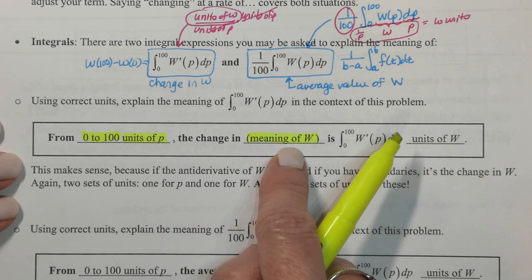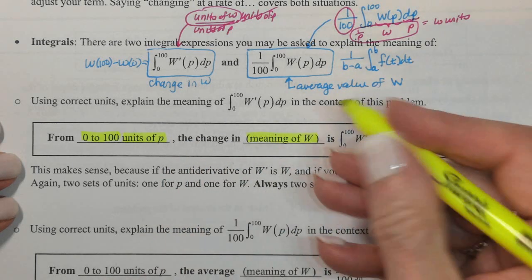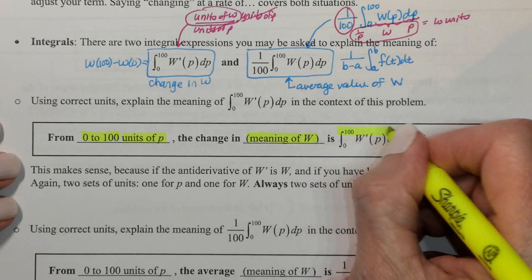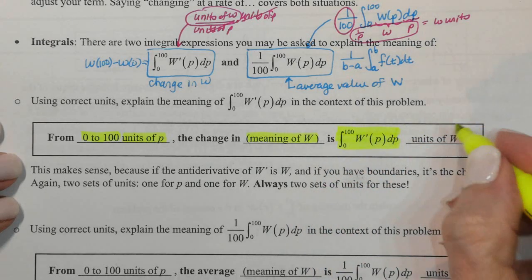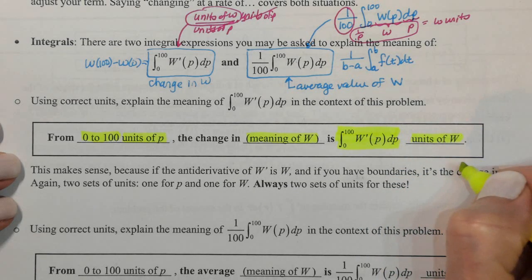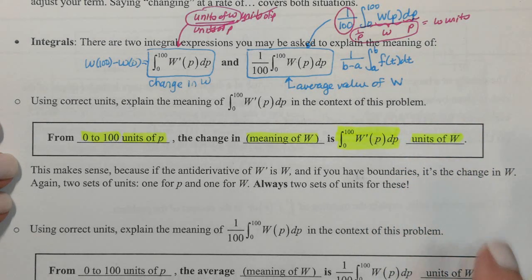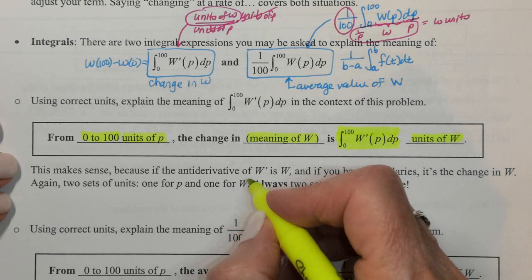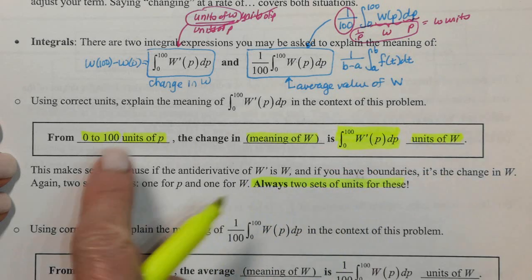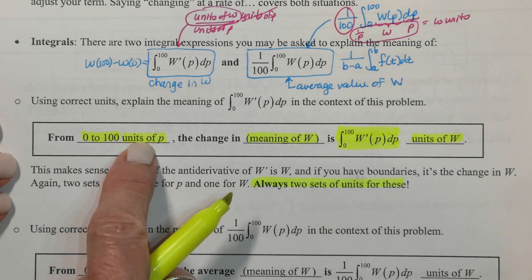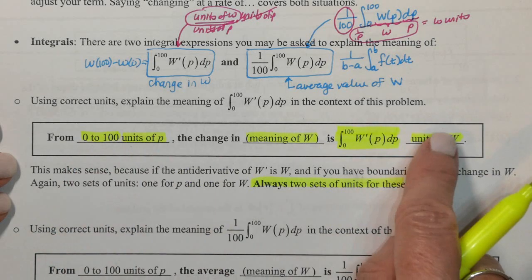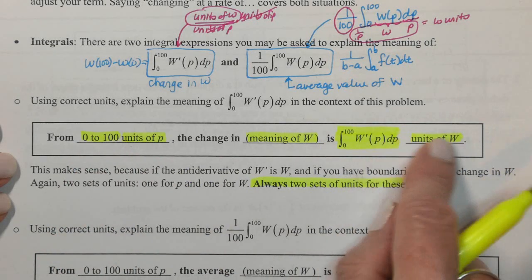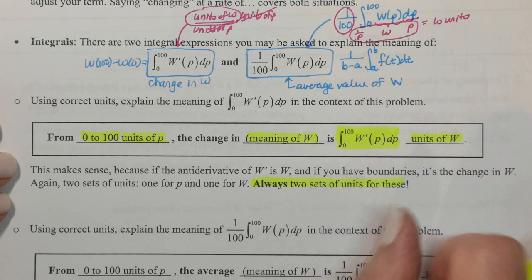Whatever it is, the change in W is this integral, and then units on it, since it's change in W, units of W, whatever those are. Always 2 sets of units for these. 1 set of units for the meaning of the 0 and 100, and then 1 set of units for your answer. Okay?